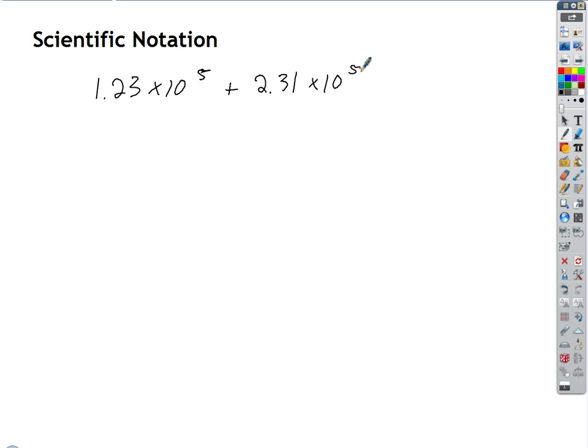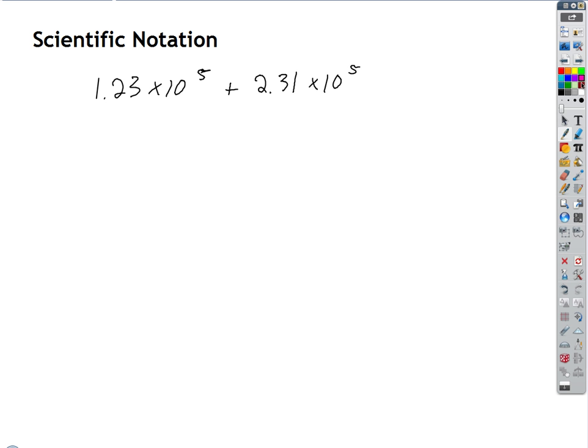When I multiply things, I'm really talking about groups, aren't I? When I write something in scientific notation, this product isn't just in name, it really is a product, right? It's the number 1.23 times the number 10 to the 5. If I have 6 times 8, for example, we could think of that as being 6 groups of 8, or 8 groups of 6, but for our purposes, let's think of it as 6 groups of 8.